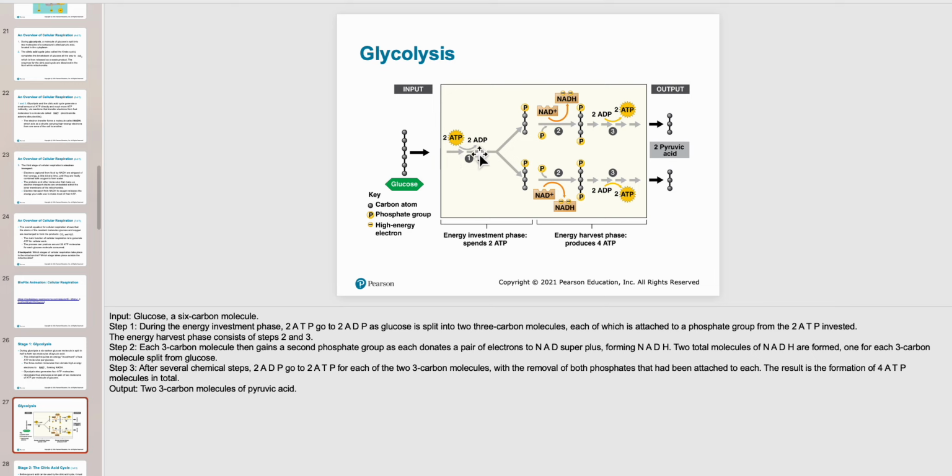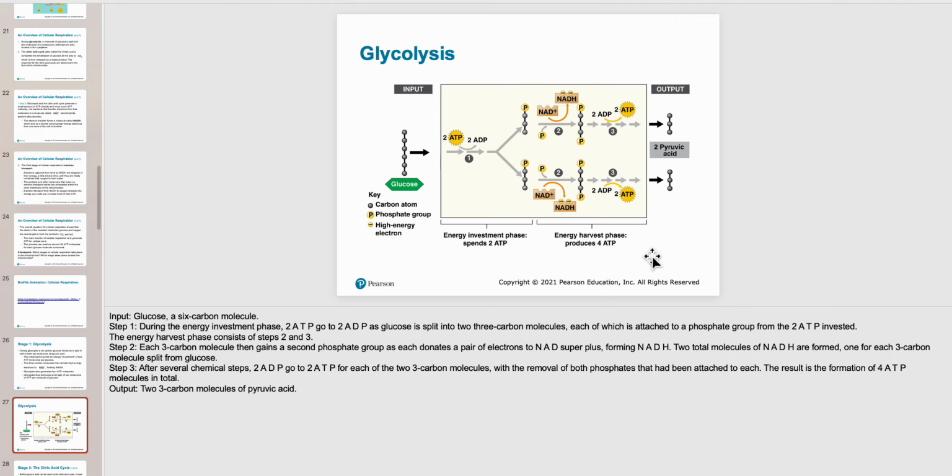But then, as we see, we're making it into pyruvate or pyruvic acid. And if you recall, pyruvic acid is only 3 carbons. So 1, 2, 3. And then, of course, we're making 2 of them. So 1 at the top, 1 at the bottom. And again, we're making 2 ATPs in this process, another 2 ATPs in this process.